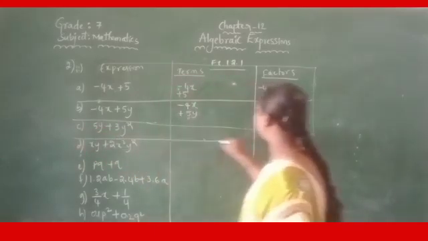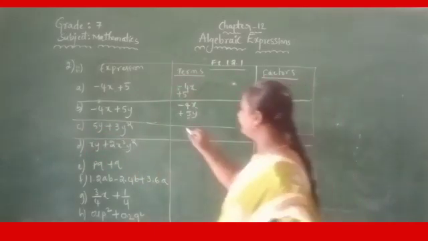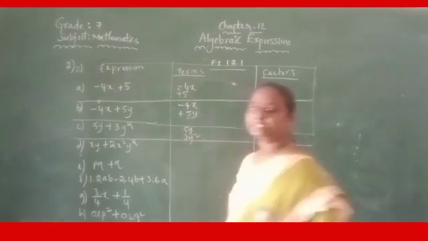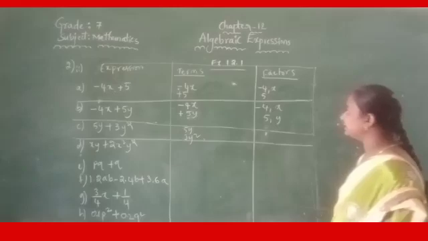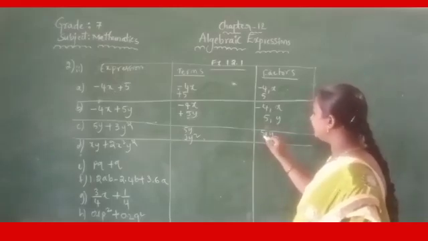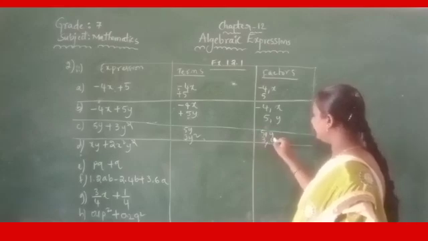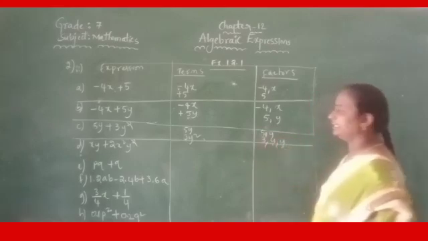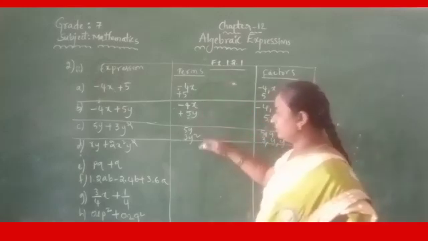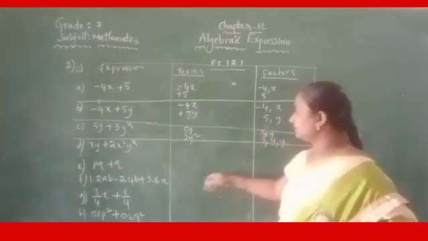So in this expression, tell me, 5y, 3y square. What are the factors? 5 comma y. Yes, 3y square: 3y, y, 3y. So like this, we have to fill the remaining also.